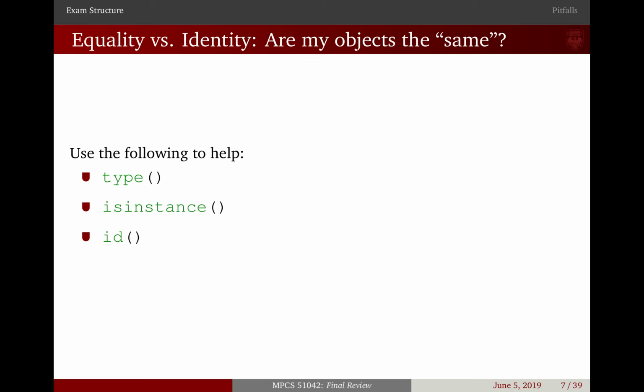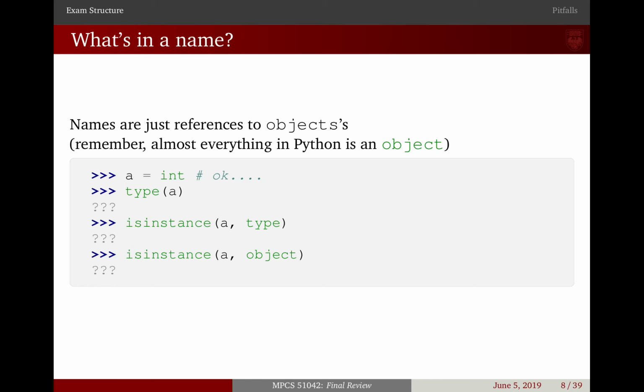So if you want to know whether or not an object is the exact same rather than equivalent, id will tell you if it's the exact same object. Meaning that if you pass a name to id, it's going to tell you if that name references the exact object, to be more clear.